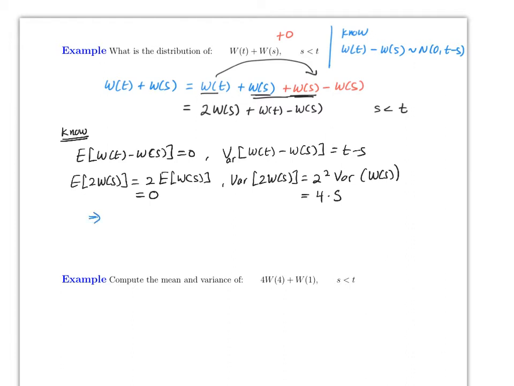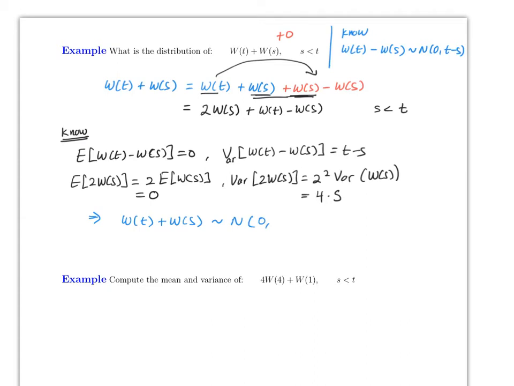So that implies Wt plus Ws has a normal distribution where the mean, if you add 0 plus 0, you still get 0.